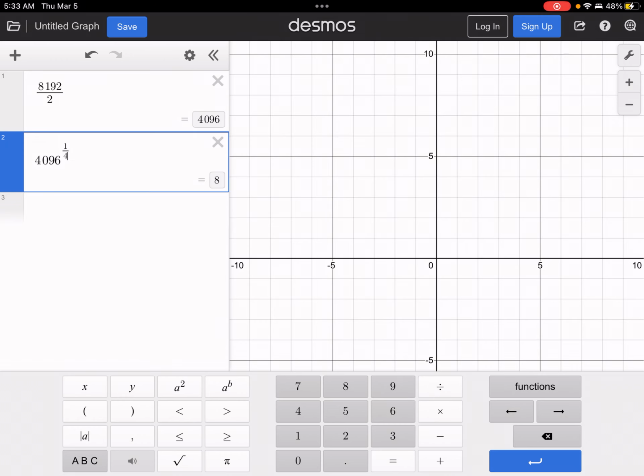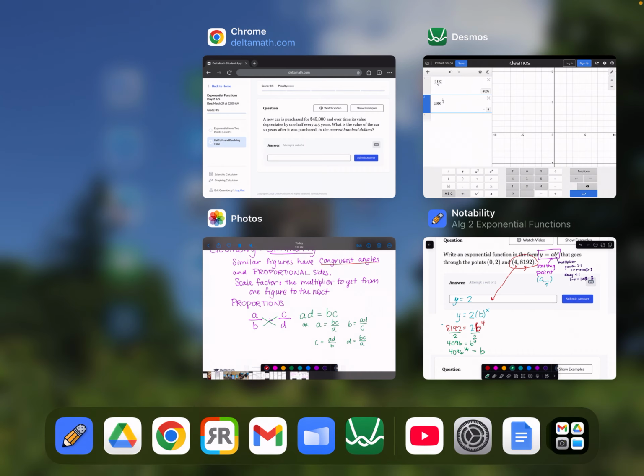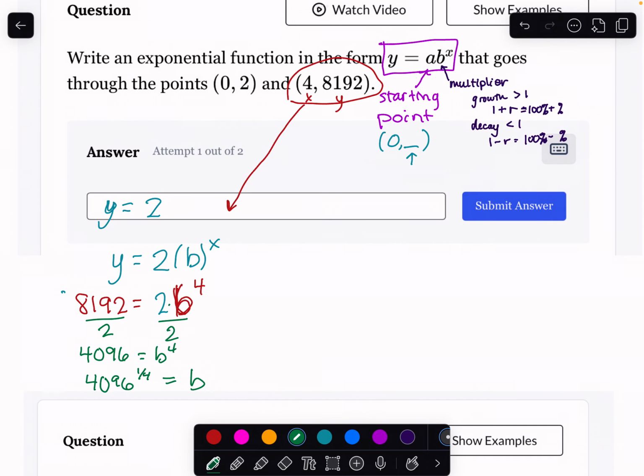And it's 8. So that means that my b is 8. Coming back into here. So that means that b equals 8. So my equation would be 2 parentheses 8 to the x.